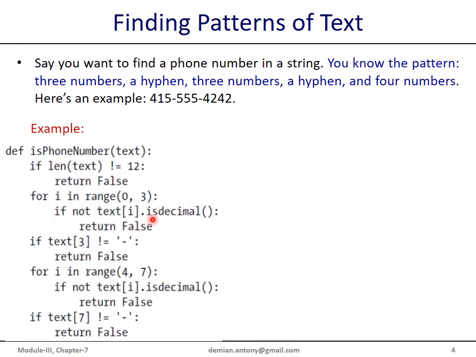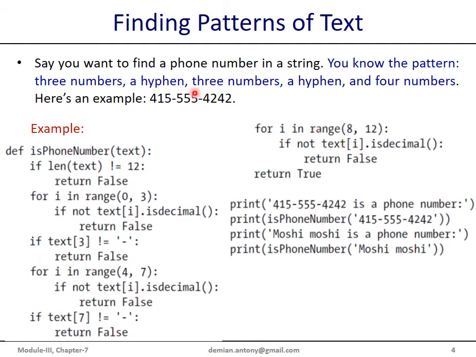Then you make a check for 3 characters, whether they are digits. Use a string function isDecimal on each of the 3 characters, and if one character is not a decimal, then return false. Then you make a check for hyphen, followed by a check of the next 3 characters for decimal, and then again a check for hyphen, that we do here, and finally we check for decimal in the last 4 characters.